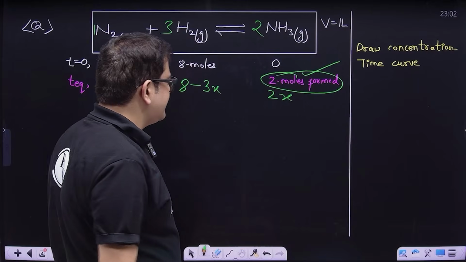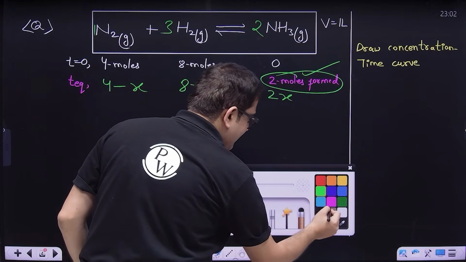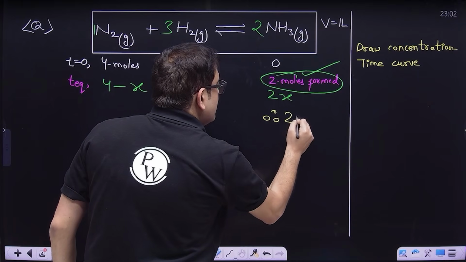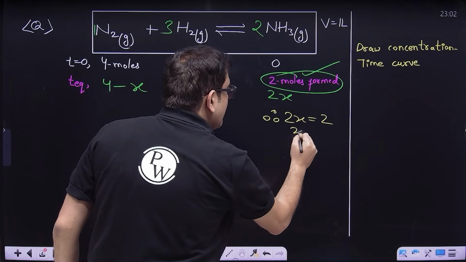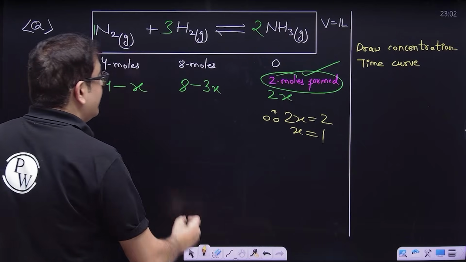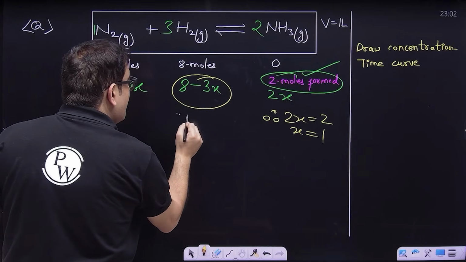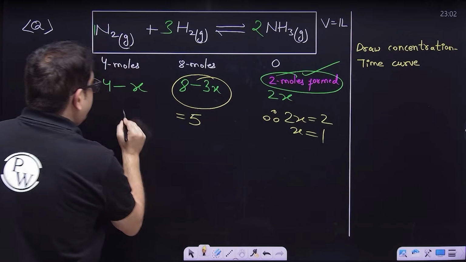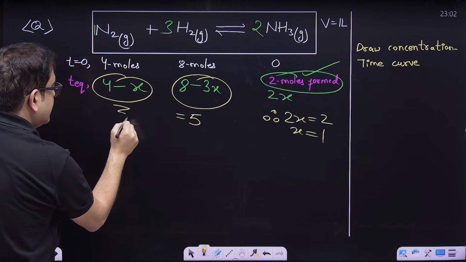So you know X. Therefore, I can directly say, using the data, 2X is equal to 2. So X equals 1. And if X equals 1, then I can calculate these moles. This is 1. 8 minus 3 is 5. 4 minus 1 is 3.